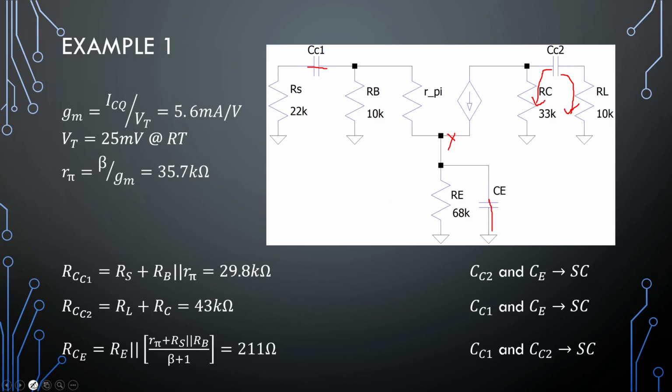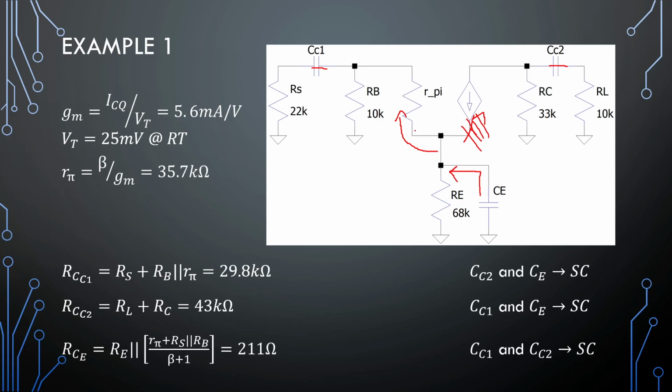Right, and then the last one is when CC1 is a short and CC2 is a short. Again, we do not see in this direction, but we are seeing in this direction. Now what CE sees when looking in that direction is RE going to ground.